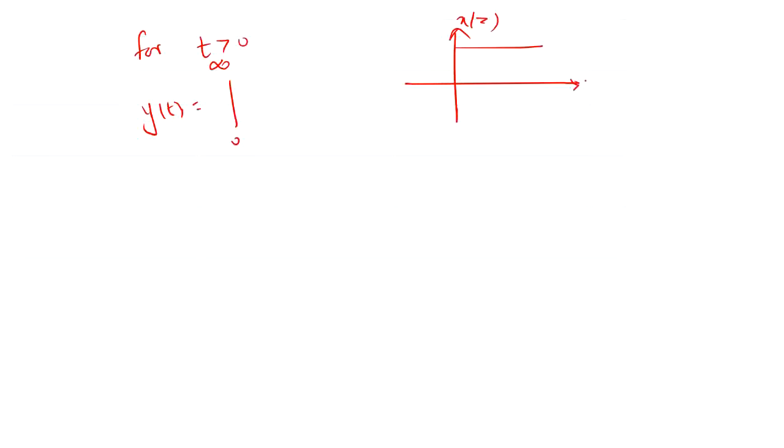Now for t greater than 0, we consider only the overlapping region. This is our x(tau) and this is h(t minus tau).